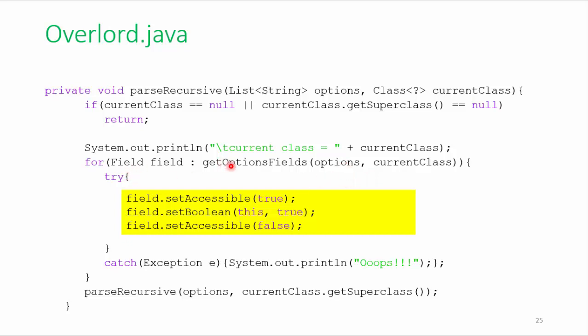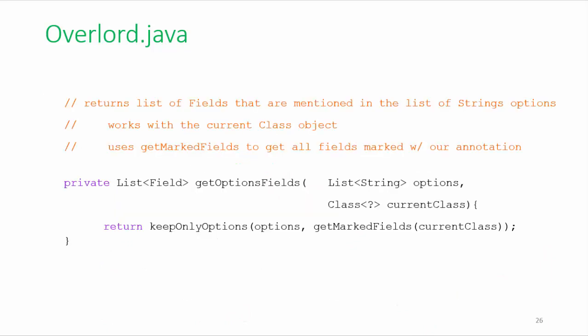So when I get a list from getOptionFields, I know that all those fields exist in my class, have been marked as experiment parameters by an annotation, and are mentioned in the options that the user specified on the command line. So I can just set them to true. Obviously now we are going to take a look at getOptionFields, okay, and make sure that we see how we are going to implement this filtering. So let's take a look.